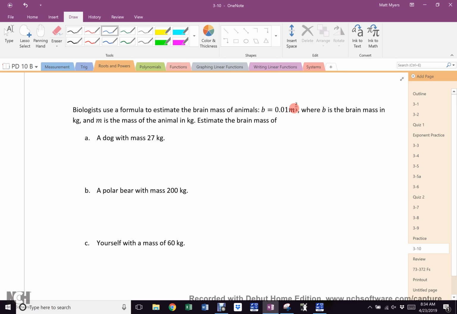Agreed? So let's go. Cube root 27 squared, times 0.01. What's cube root of 27? 3. 3 squared is 9, times 0.01 to get 0.09 kg. Easy peasy lemon squeezy, yeah?